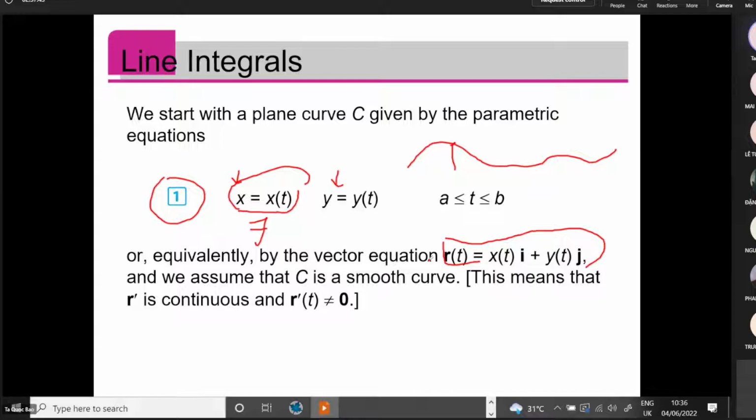Okay, and the second step, you calculate the derivative of the vector r(t), and then calculate the length of the derivative r'. Okay, vector r'.